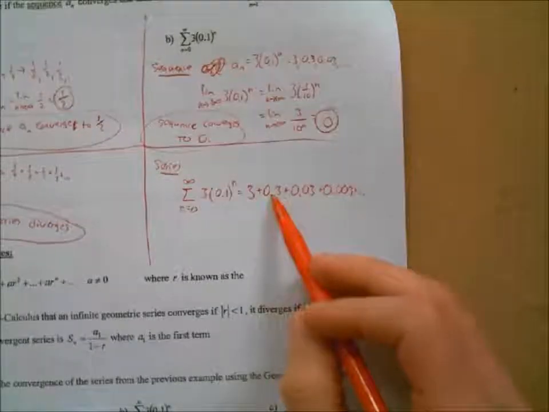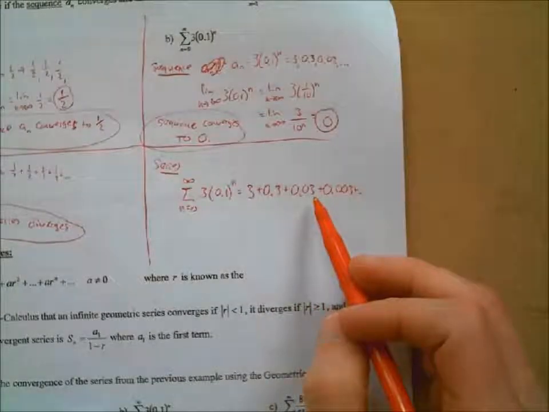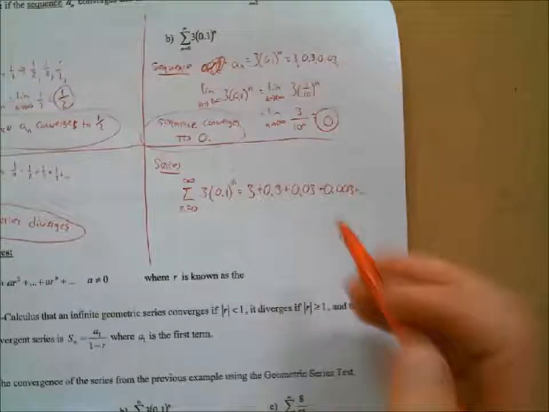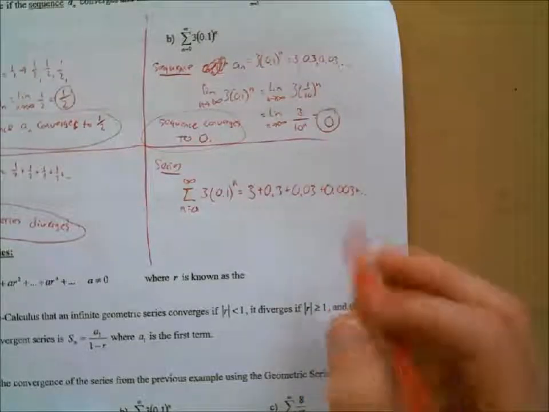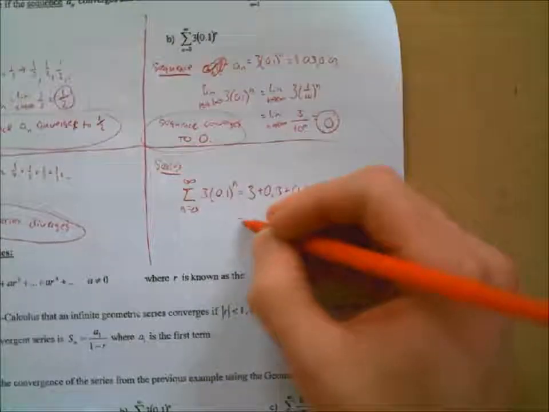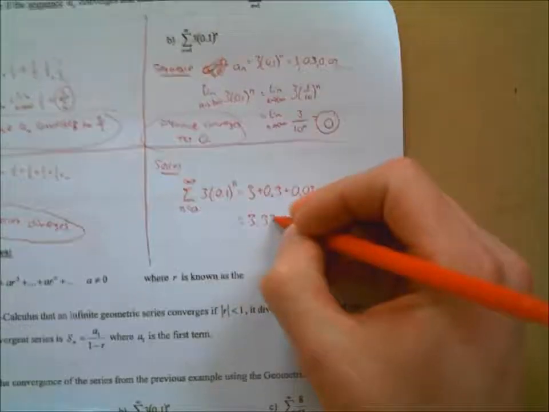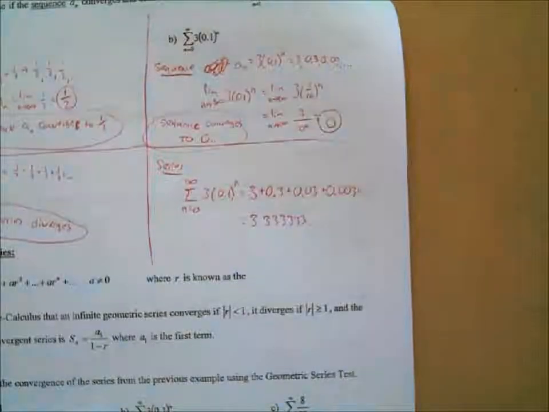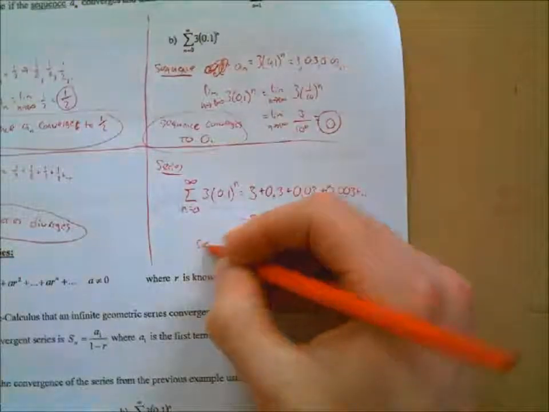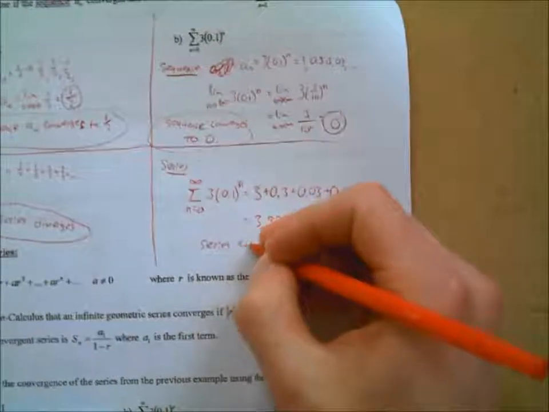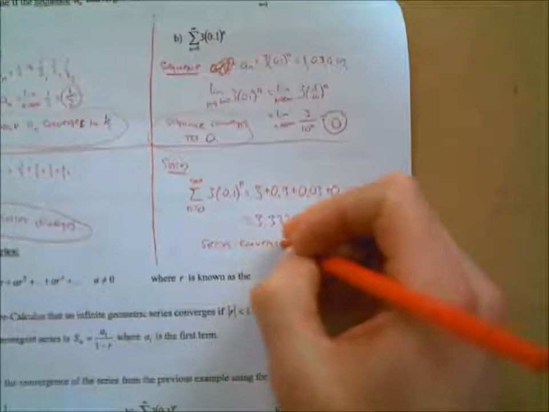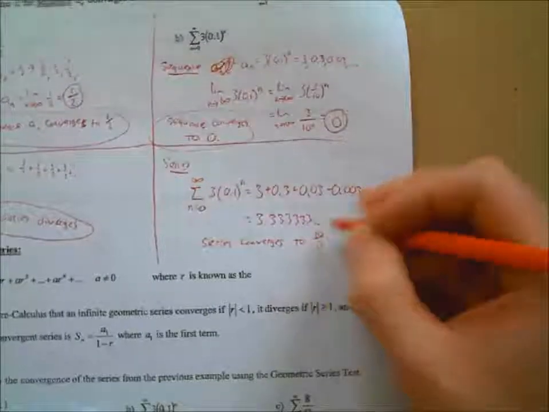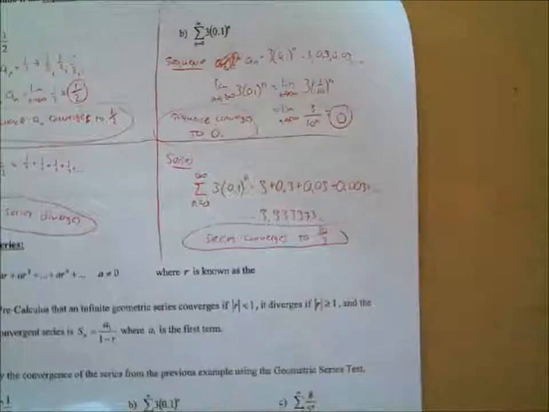And after the third partial sum, 3.33. And then the fourth partial sum, 3.333. And as we continue to add, what are we going to end up with? 3.3333333. Yeah, it's 10/3. The series converges to 10/3, without having to do much work here.